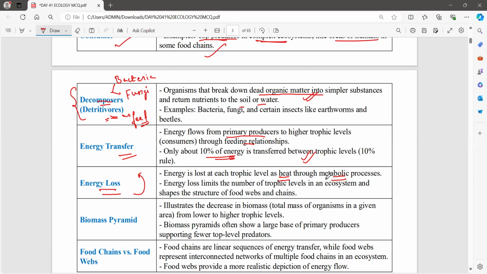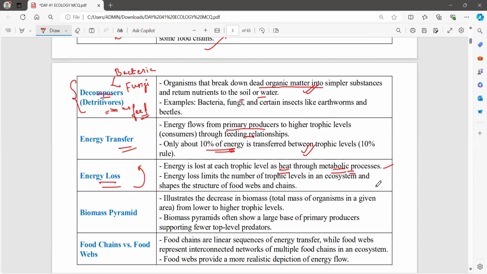Whenever we find any metabolic process, for example digestion, respiration, and any activities from the brain, whatever metabolic process is done within our body, what will be the side product eliminated from the body as a result of this metabolic process?